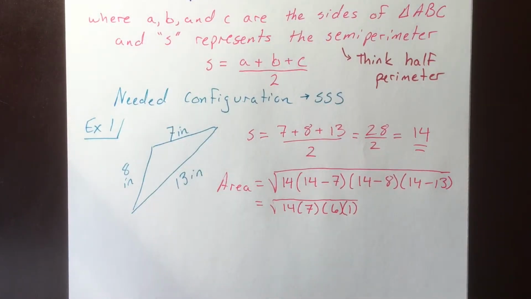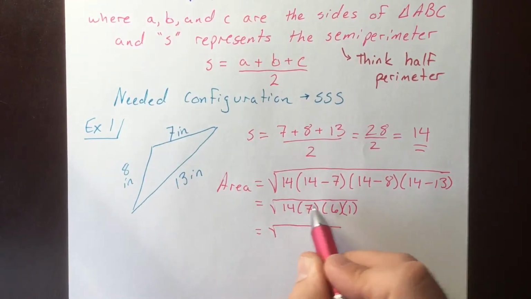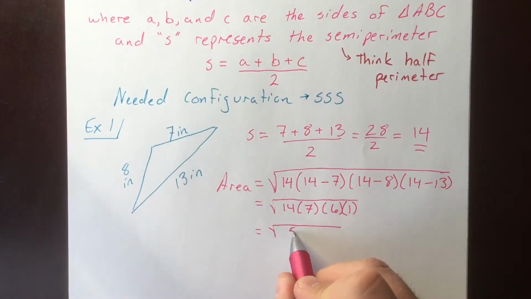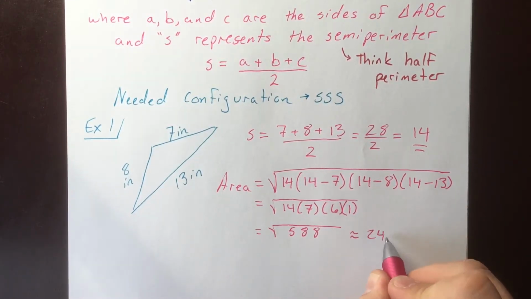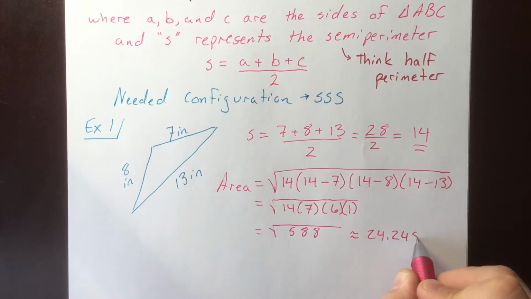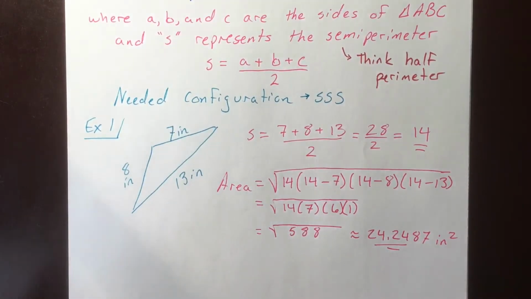My goodness, it's just getting easier and easier. And then when we evaluate the product of those four numbers, we get 588, which is approximately 24.2487, and that's inches squared. That's it. We're done. That's the area of this triangle. So it does require one initial step to find the semi-perimeter, but that is it, guys. This is an incredibly easy formula to use if we have the configuration side, side, side.